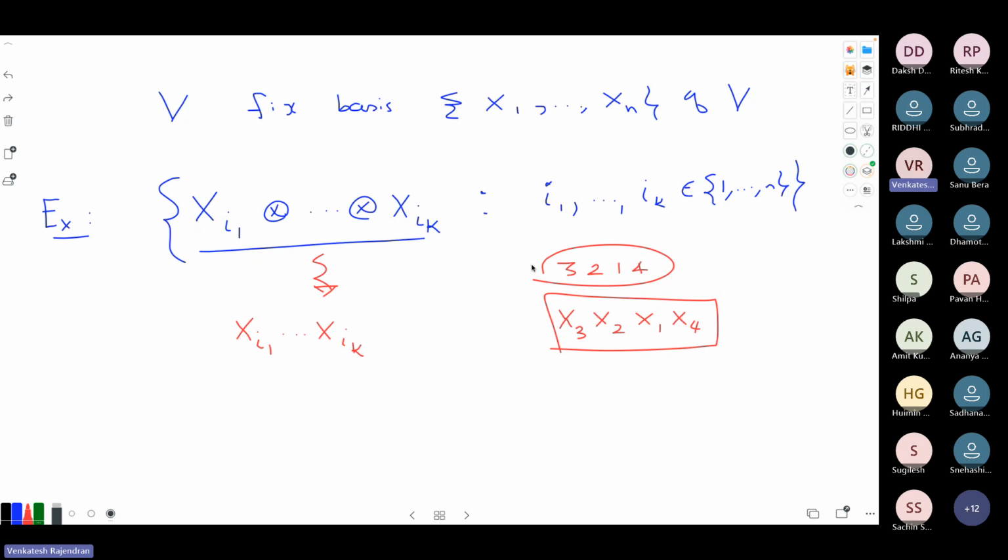So we are taking all possible words that you can form using the alphabet x1, etc., xn, and that is a parameterizing set for a basis of the tensor product. It's just another way of writing the basis. Now if you take all possible C-linear combinations of those words, then you get the tensor product. So T(V) is the span over C of this set of words, let's call it B.